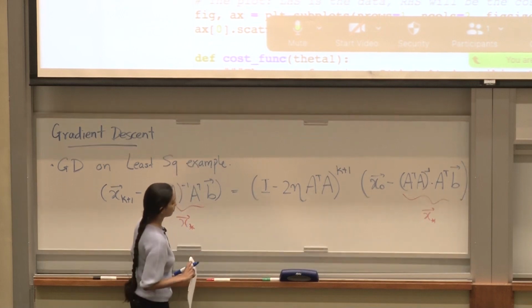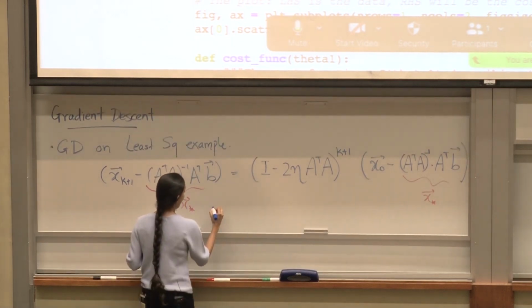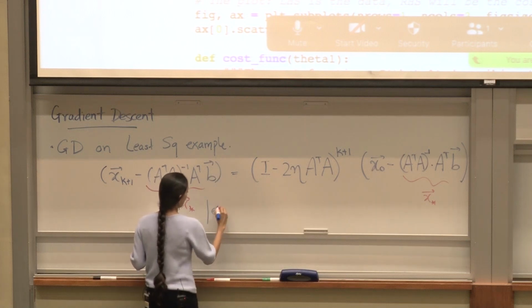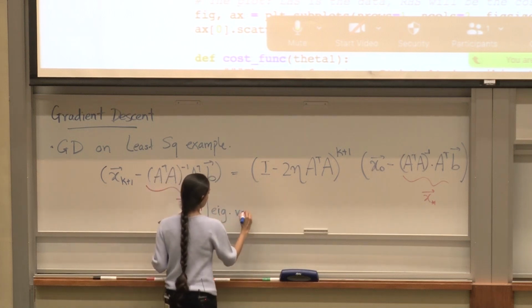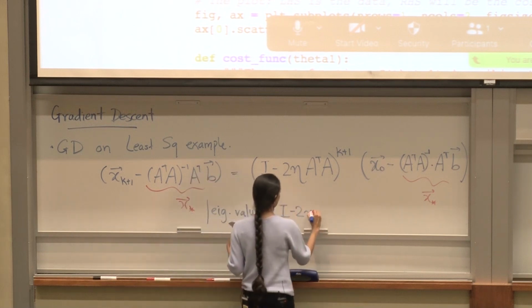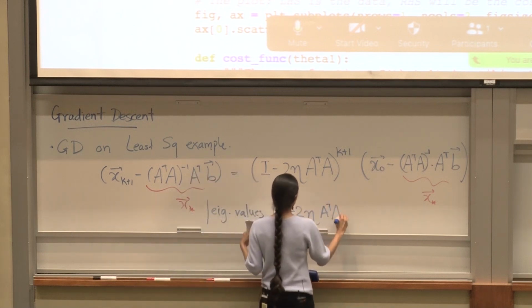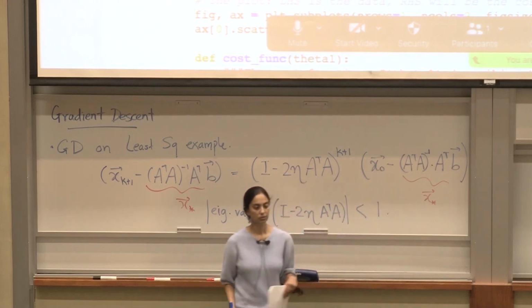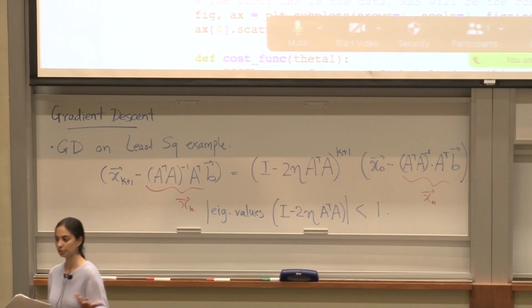In particular, we want the absolute value of the eigenvalues of I minus 2 eta A transpose A to be strictly less than 1. That's what we need for this to converge.